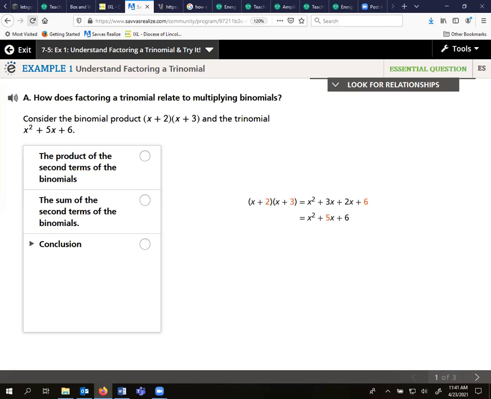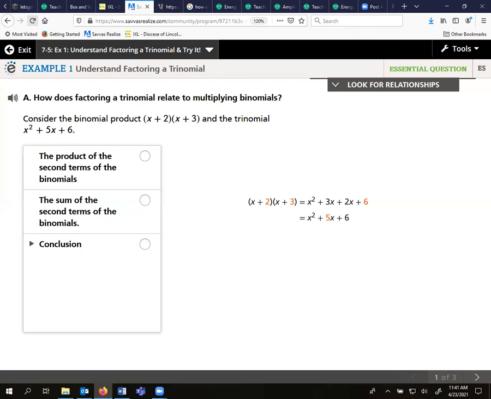Over on the right, it shows the x plus 2 times x plus 3. And when you multiply them out, you get x squared plus 3x plus 2x plus 6. And then when we add together the 3x and the 2x, we get 5x. Okay, so really these two things equal each other.